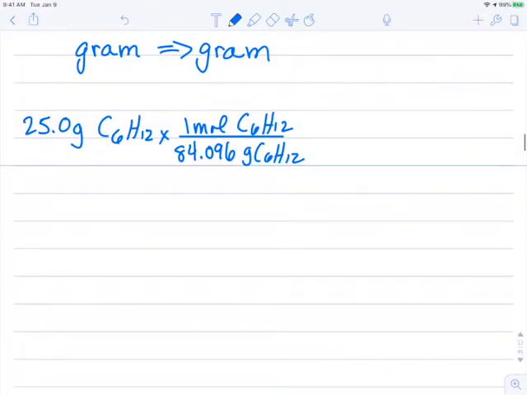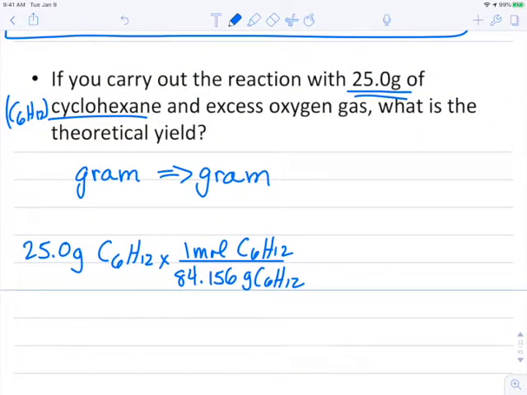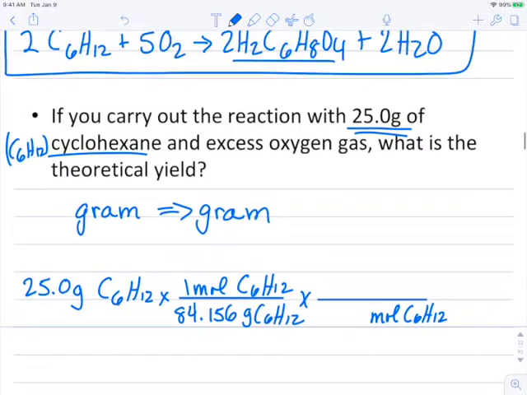Okay. All right, so we were in moles, and next up we're going to use our mole ratio to go from moles of our cyclohexane to moles of our adipic acid.